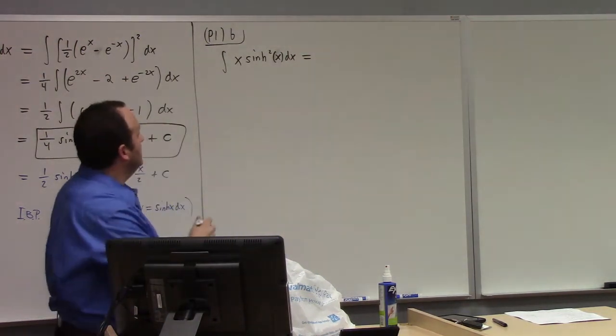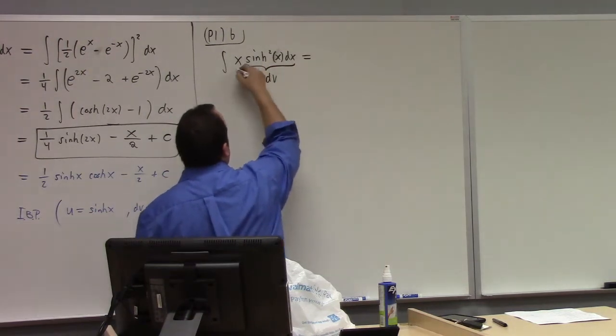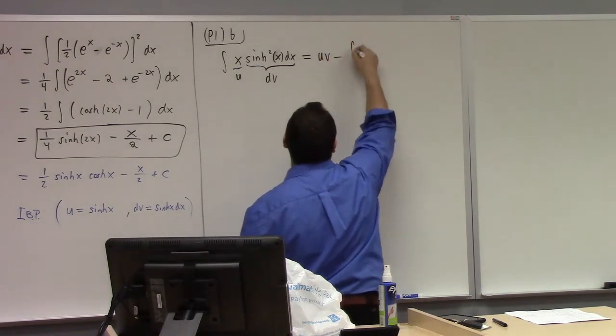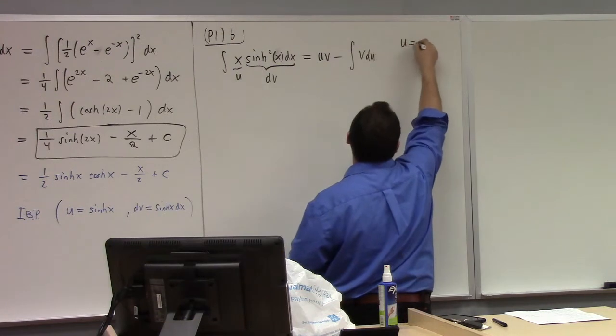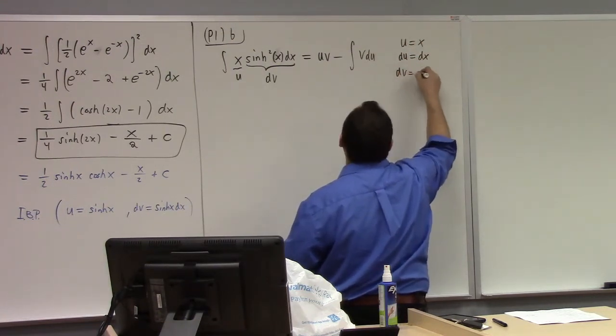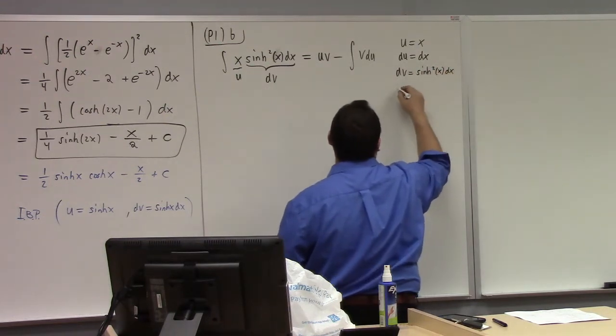At this point, integration by parts makes a lot of sense. This would be my dv, this would be my u. So of course we have uv minus integral of v du. If u is equal to x, du is dx. If dv is sinh squared x dx, then what does that make v equal to?